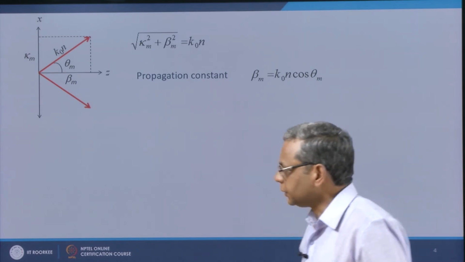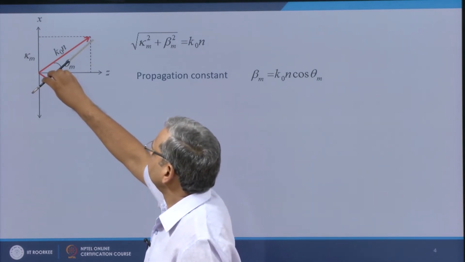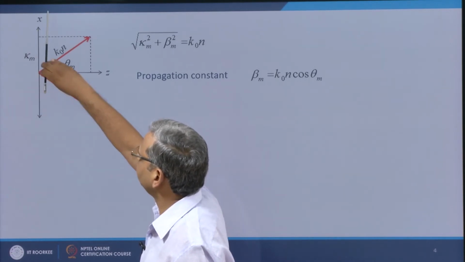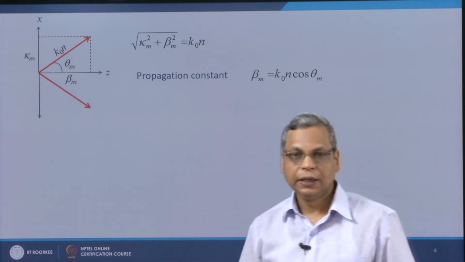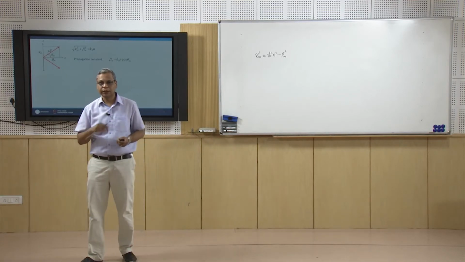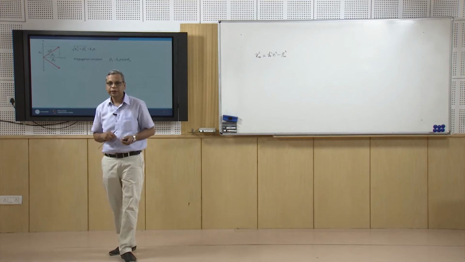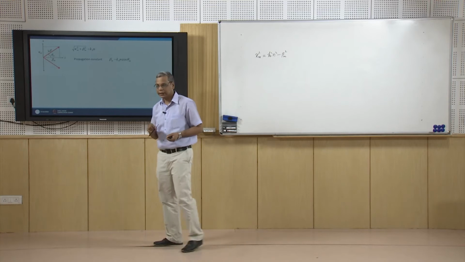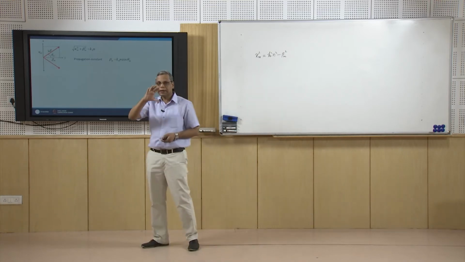Let us understand it. If I take the components in the x direction, I have one wave going in positive x, another wave going in negative x, which means that in the x direction I have two counter propagating waves, and when I have two counter propagating waves, they give you a standing wave solution. So, in the x direction I have a standing wave.